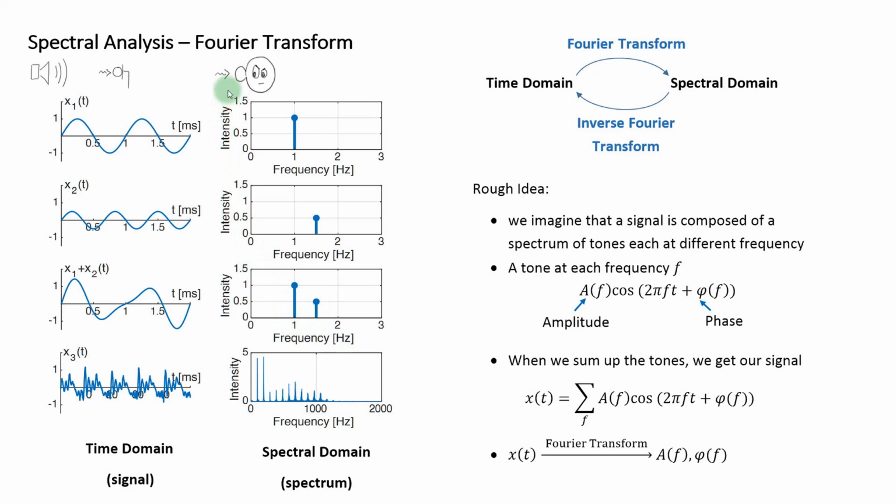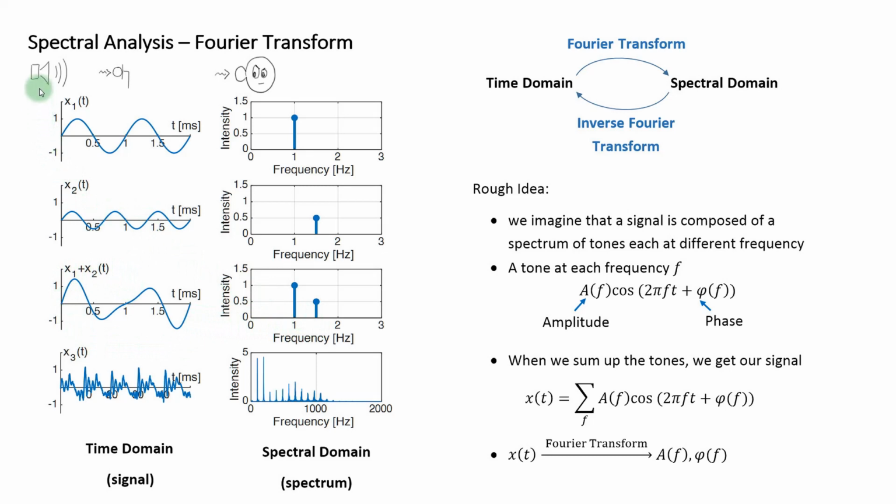So the moral of this story is that when we listen to sound, we cannot perceive how the air pressure changes in time. What we perceive is the frequency and intensity of that sound. These were examples of very simple sounds. When we have a sine wave, we call that a pure tone because it contains only a single frequency. And when we combine two pure tones at different frequencies, we can get a chord, which in this case contains only two frequencies.